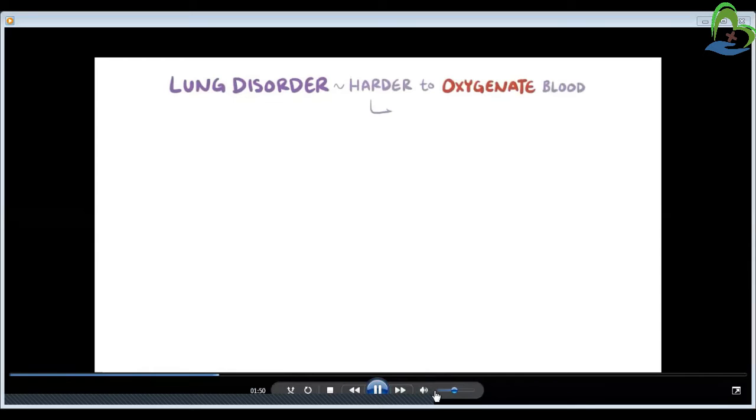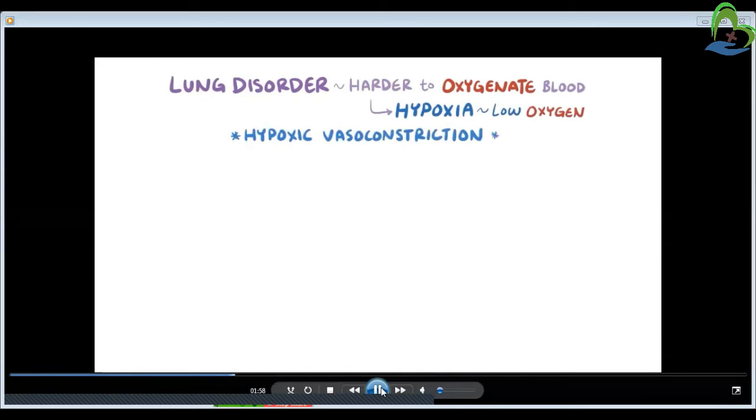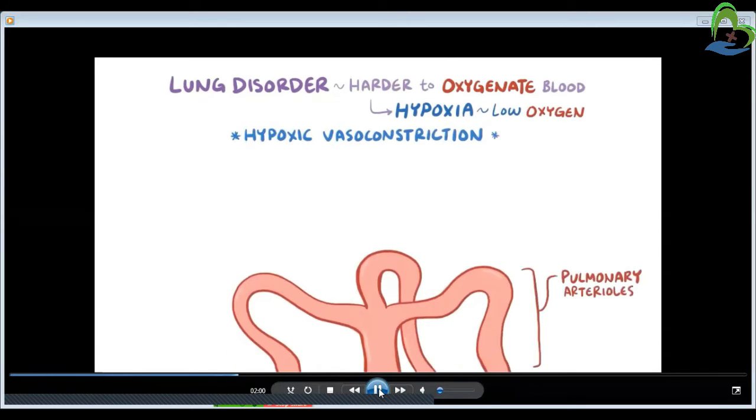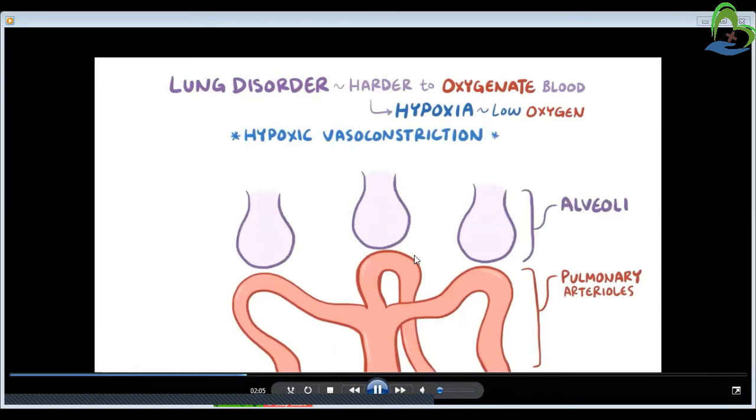It is harder to oxygenate the blood, and it will lead to hypoxia and low oxygen to the cells, and hypoxic vasoconstriction will occur. The pulmonary arterioles will lack oxygen, and they are connected with the alveoli. These alveoli are ultimately supplying oxygen to the pulmonary arteries.